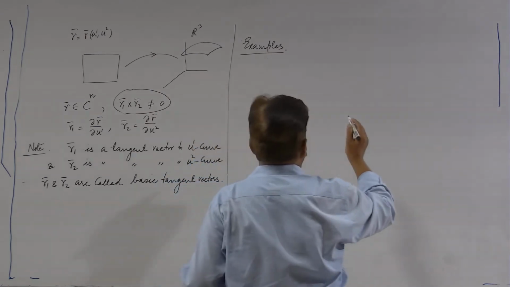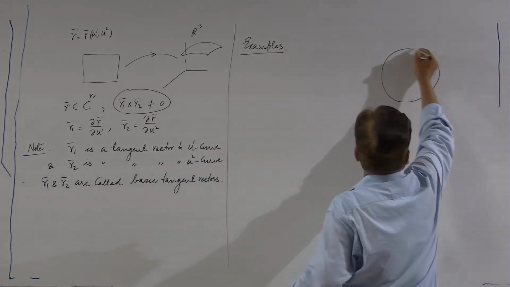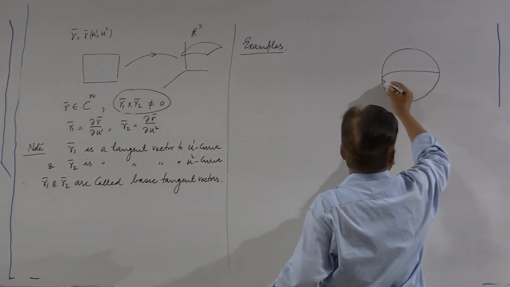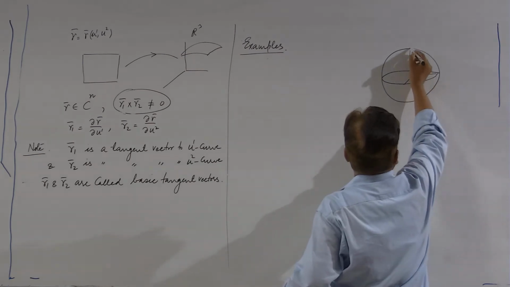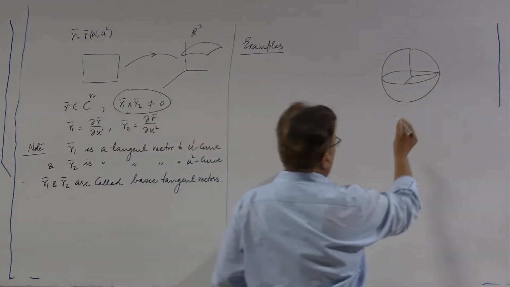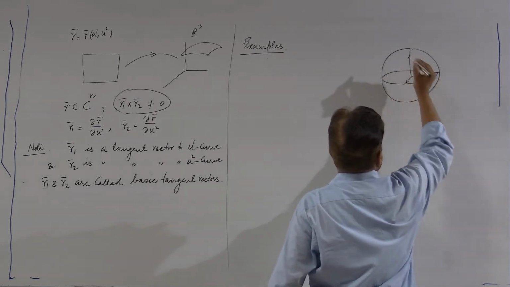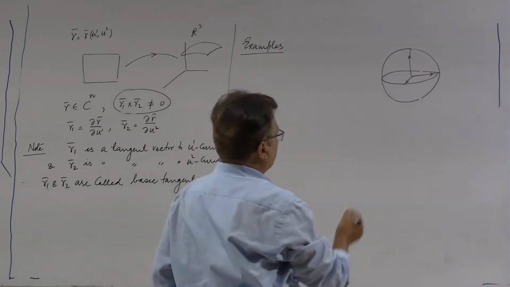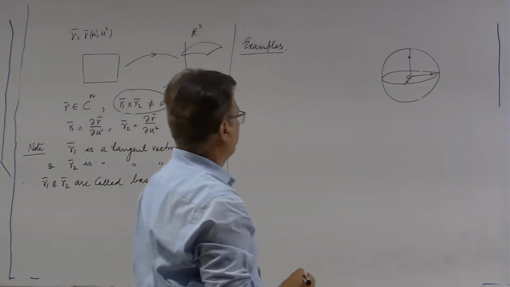If you look at a sphere, for simplicity I will consider a sphere with center at the origin and radius a. So, this is my coordinate frame, x axis, y axis and z axis. The sphere is centered at the origin of the coordinate frame in R3.